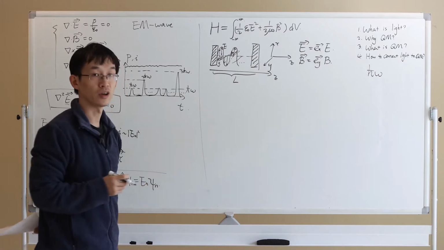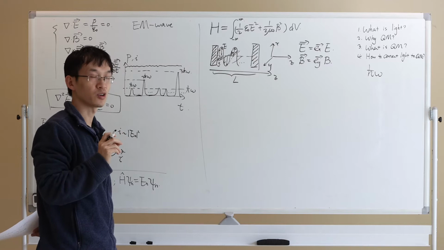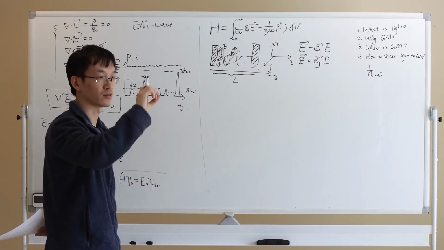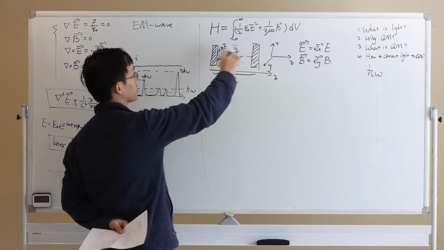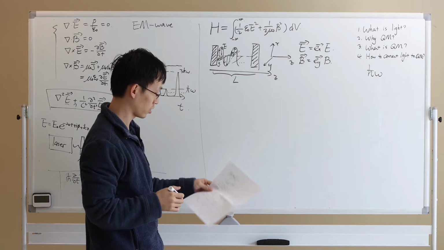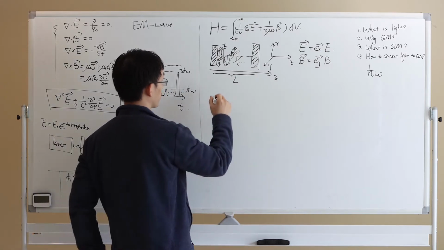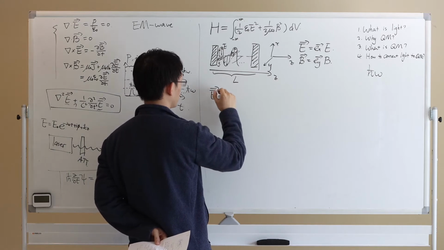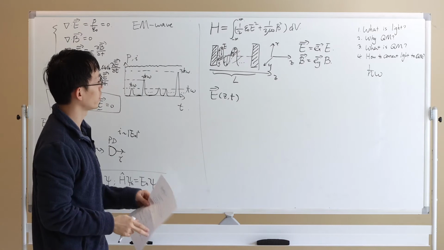For the electric wave, we can treat it relatively simply. We can assume it's a beam with a certain area, and in the z direction it just has e^{ikz}, the wave function, with wave number k.